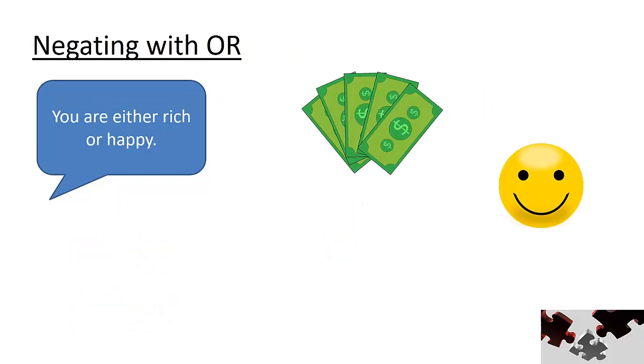Next, let's try to determine how to negate a compound statement. Looking at the statement, you are either rich or happy. Let's assume that we believe this statement. We are content in life if we are either rich or we're happy, or both. When would we not be content?